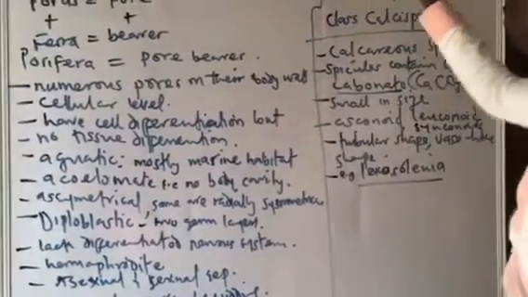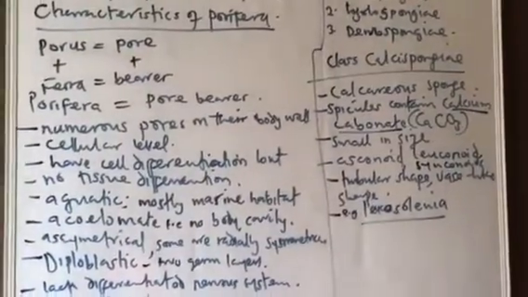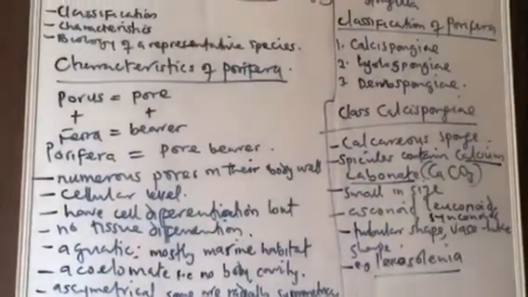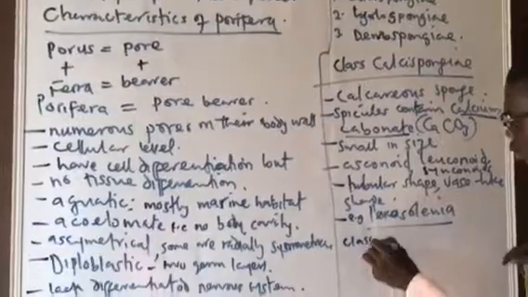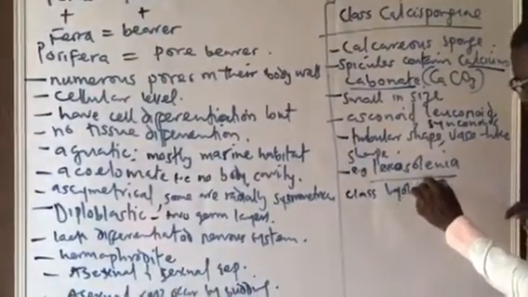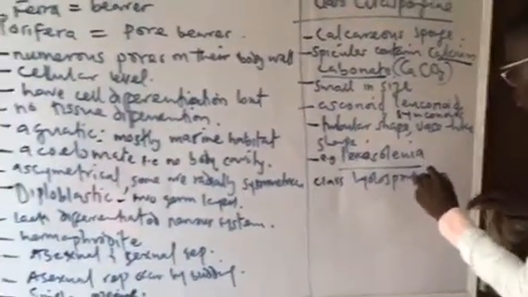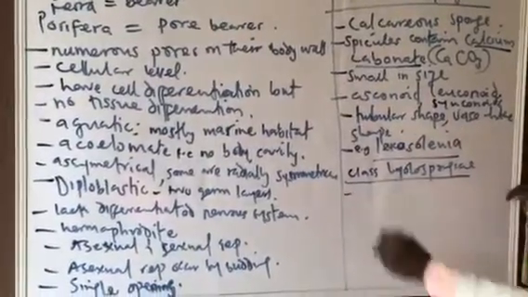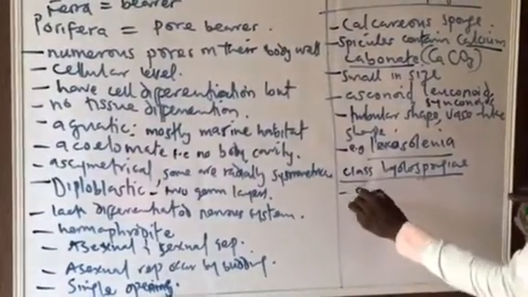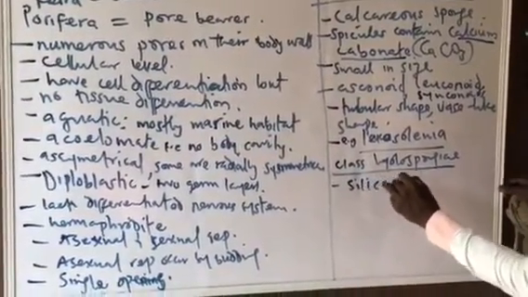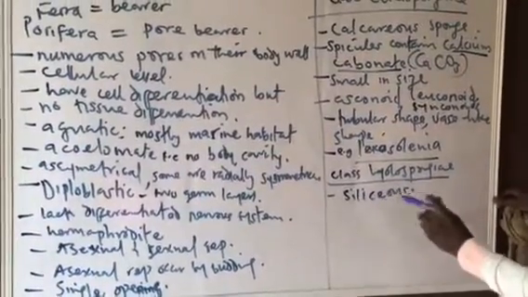Then we also have the second group, that is the class Hyalospongi. The Hyalospongi are siliceous sponges. Why do you say they are siliceous?